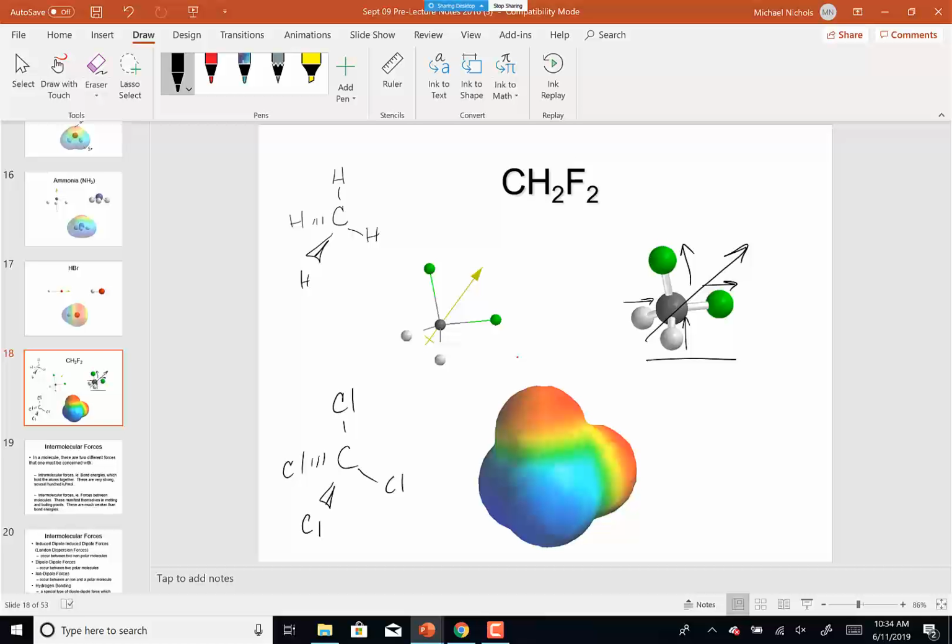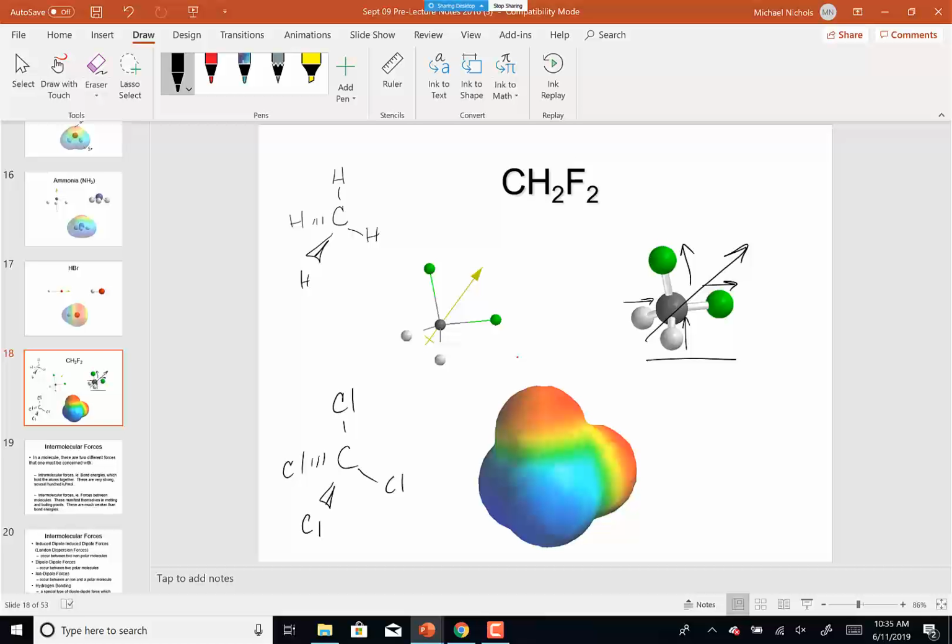So here's a big picture of carbon tetrachloride. There is the picture of it with its charges. And they're green.